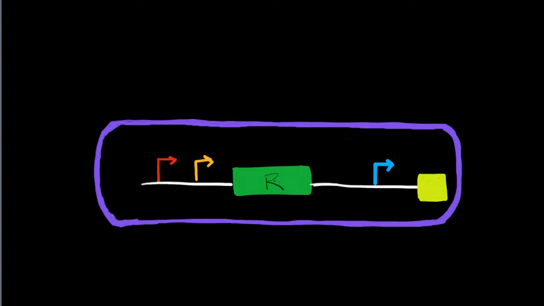This repressor inactivates another promoter that eventually serves as the output, which can be yellow fluorescent protein, say YFP. So this is the functioning of a basic NOR logic gate.